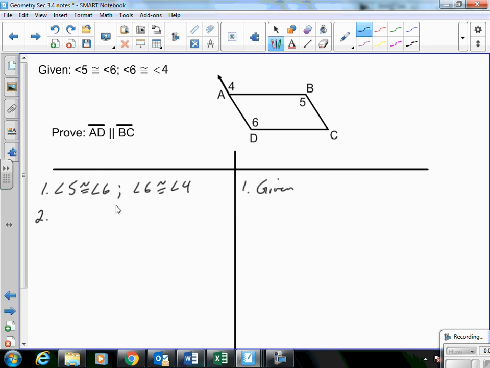And then when we look at this given information, we got 5 congruent to 6, 6 congruent to 4, or in other words, 5 and 4 are both congruent to 6. So since they're both congruent to the same thing, then 5 and 4 should be congruent to each other. By what rule or property, anybody?